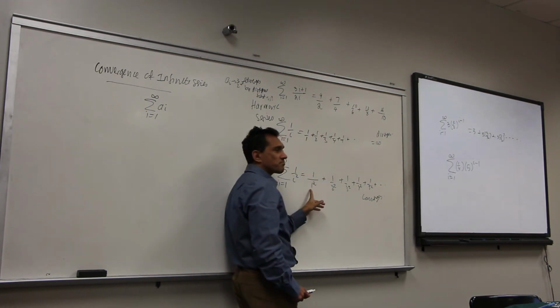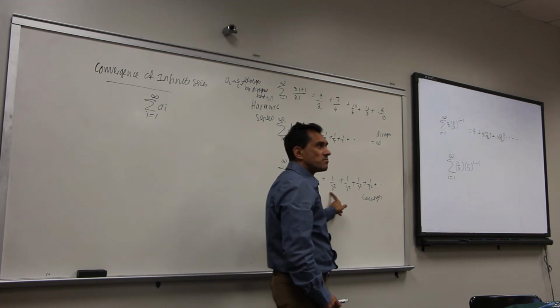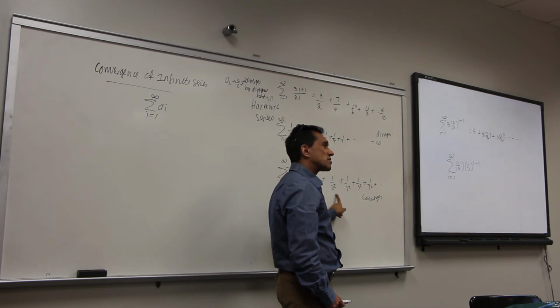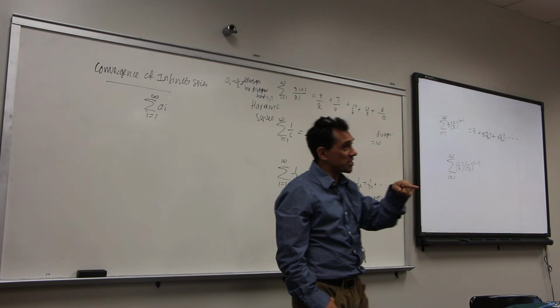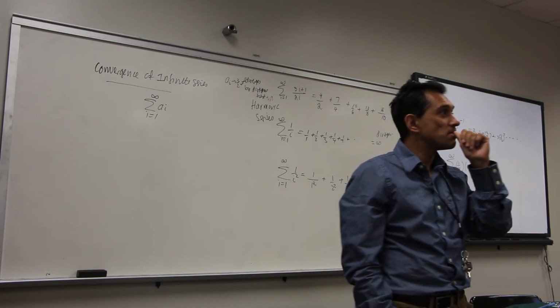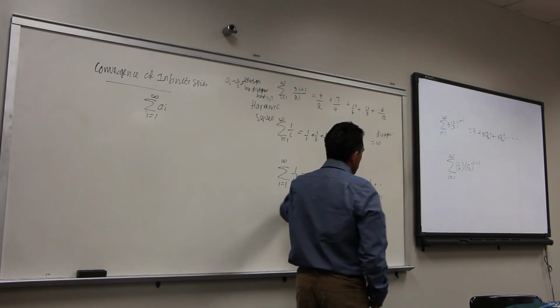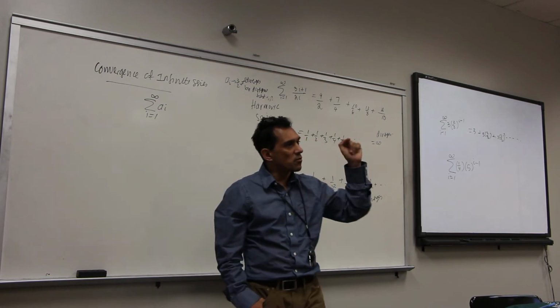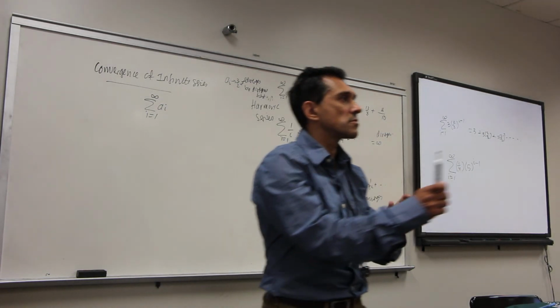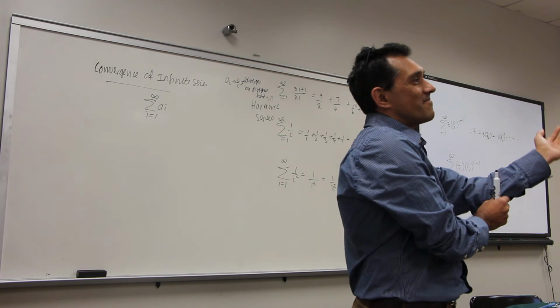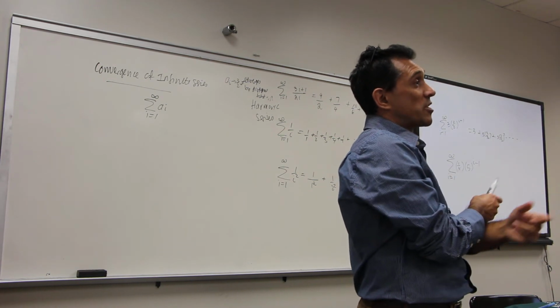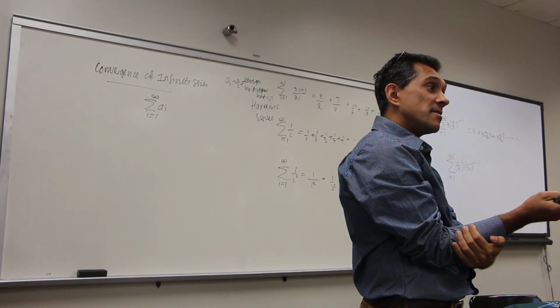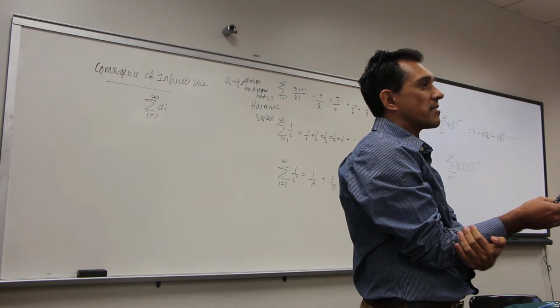So it seems that here, the terms are going to 0 fast enough. I have to prove that to you. Now, this one is convergent because the terms are going to 0 fast enough. So the terms are going to 0, you say what? Not fast.